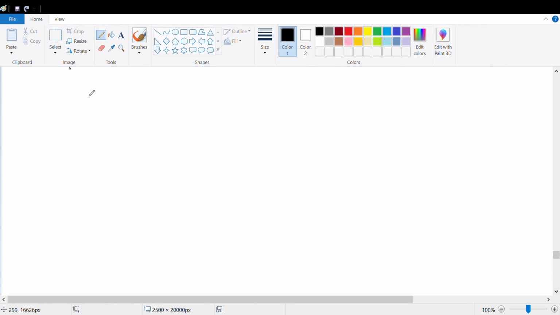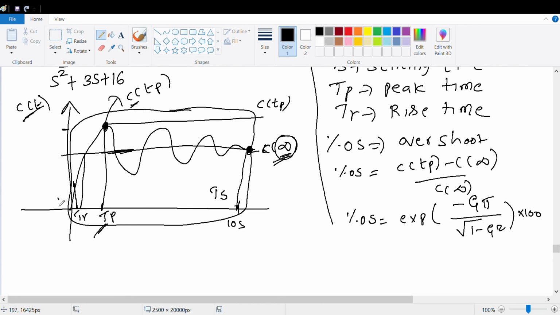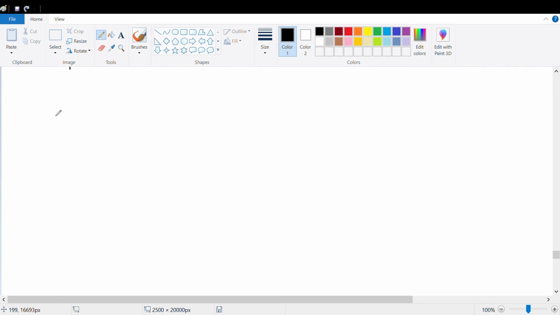There is one more time, delay time, which is some percentage of the final value. So delay time, rise time, peak time, settling time, and percentage overshoot are the time domain specifications for a second order system.